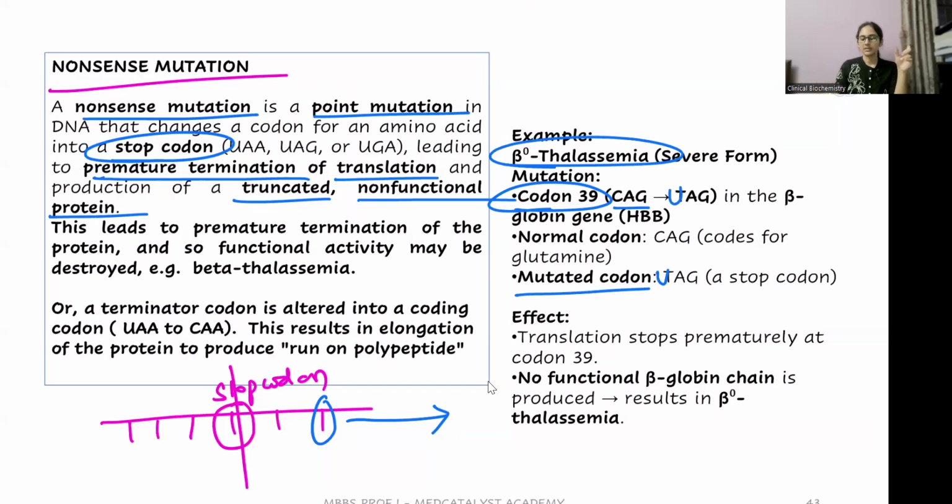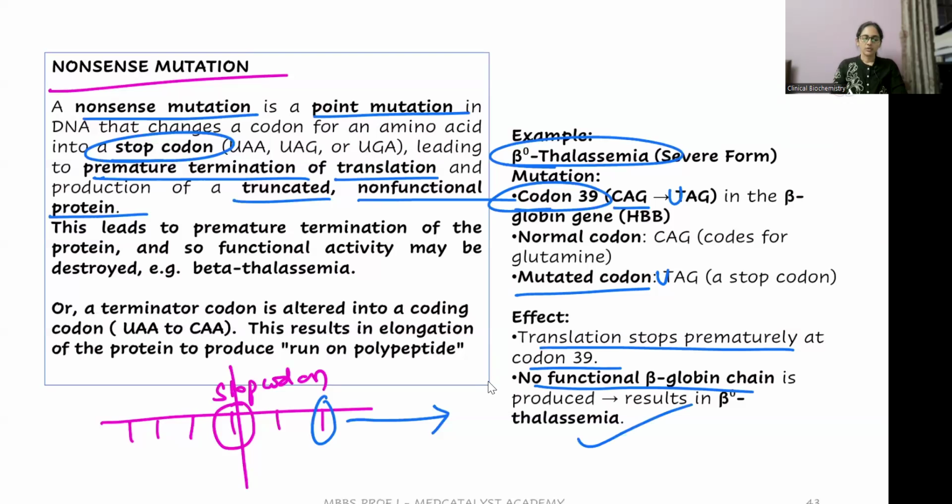But still, we will understand it as a stop codon. So UAG, which is a stop codon. So the effect is that protein synthesis will stop. Translation stops prematurely at this codon 39. So a non-functional beta globin chain will be produced. So it's non-functional, right? So that is what is resulting in beta thalassemia.